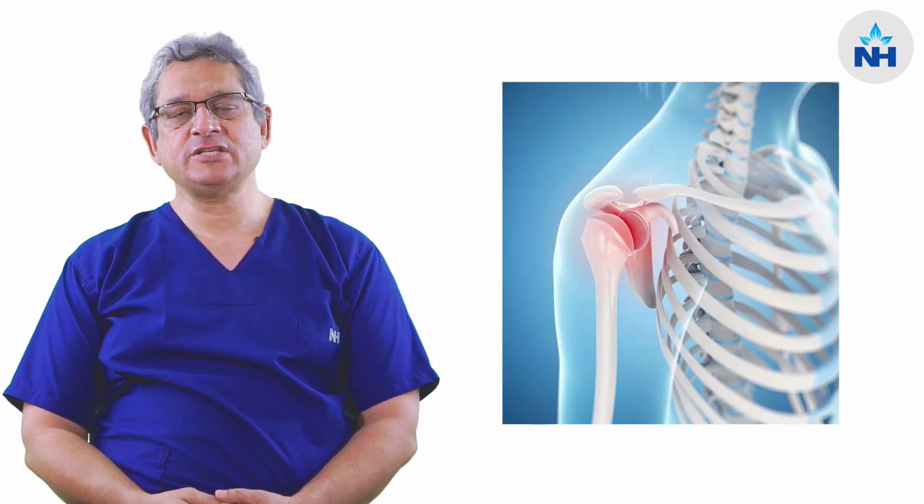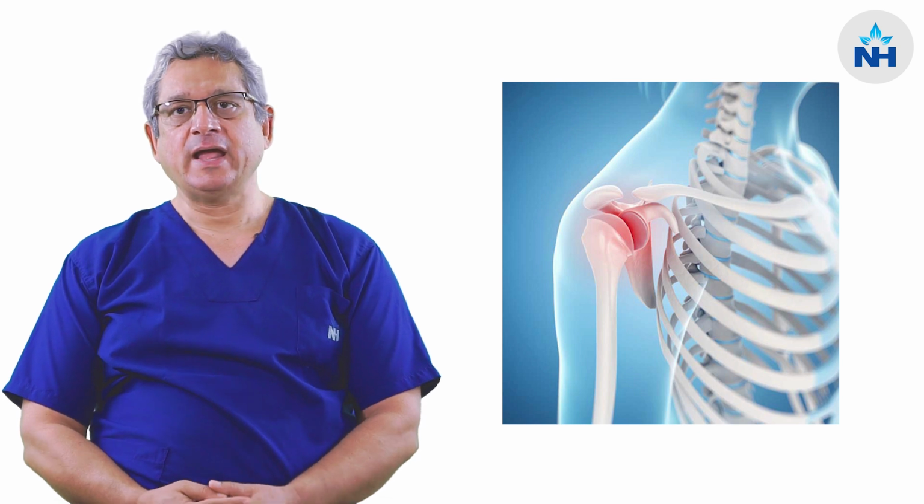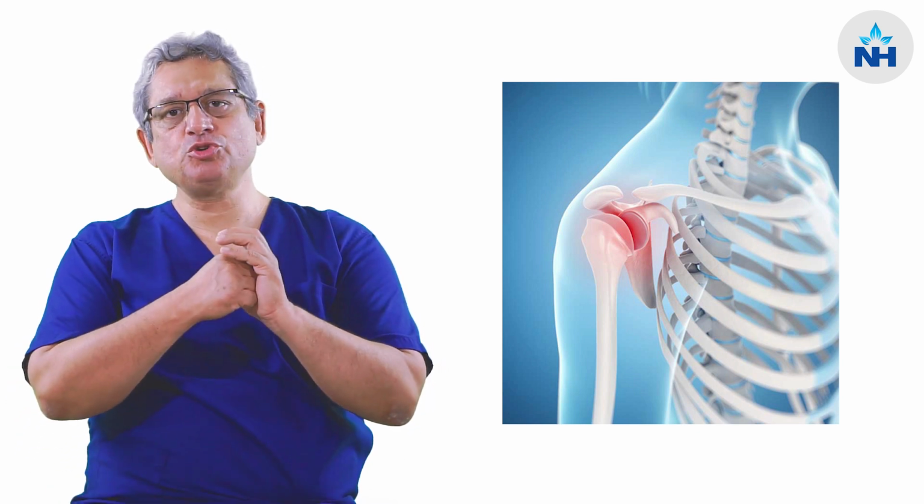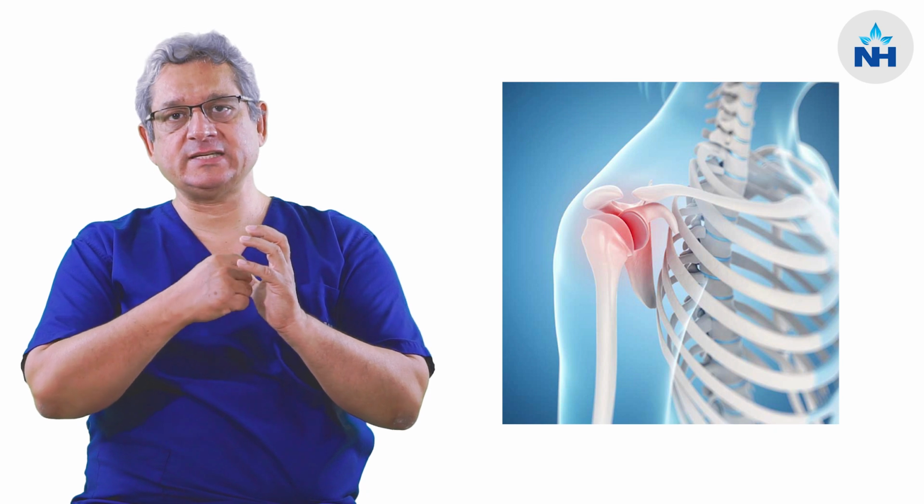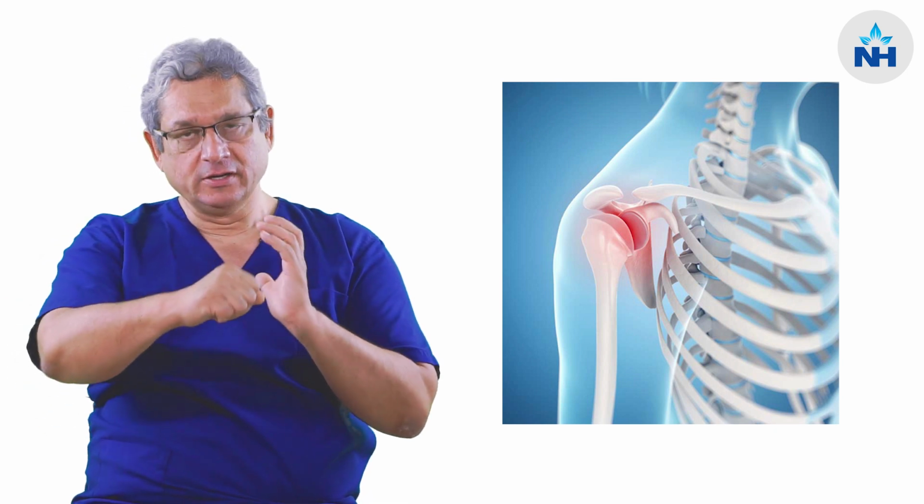subluxating. So in these situations, what has really happened is when the joint has dislocated, the tissue which is forming a resistance against this dislocation, which is mainly the labrum of the joint, has been disrupted, and following the reduction of the joint, that tissue has not healed in a satisfactory manner.